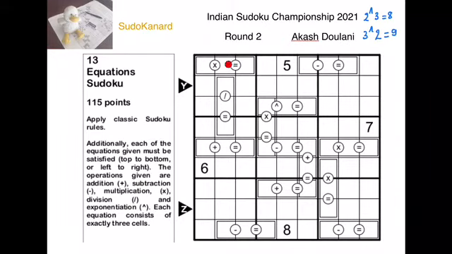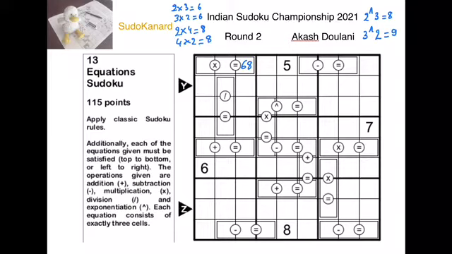And likewise, for multiplications, it can only be 2 times 3 equals 6, or 3 times 2 equals 6, or 2 times 4 equals 8, or 4 times 2 equals 8. Those are the only possibilities. So we know right from the start that this is 6 or 8.